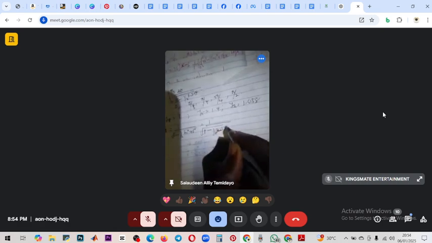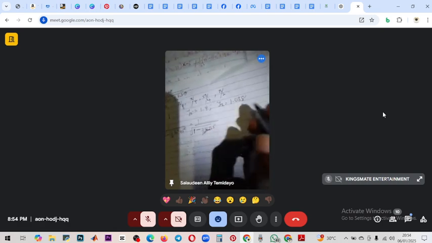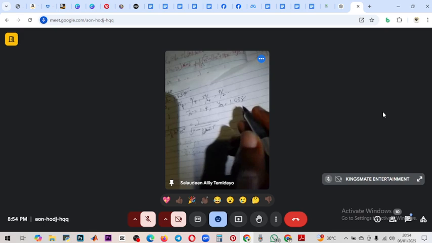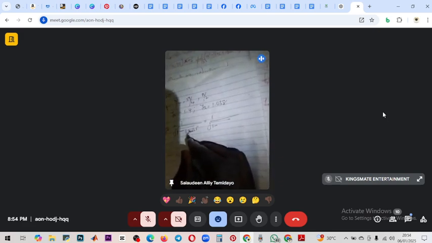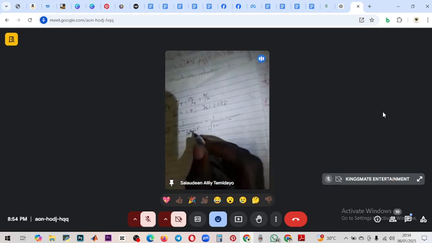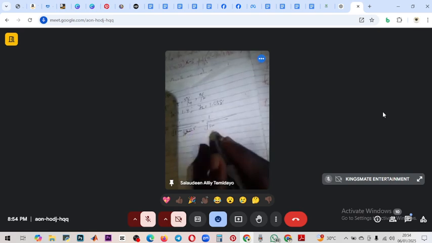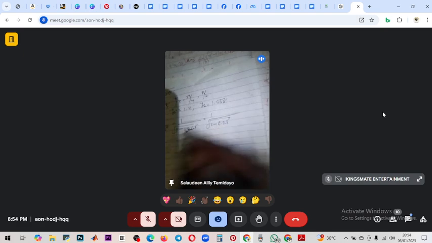The square of the value is 0.5. So 1 minus 1 over 2 times 0.5, that is 0.25.